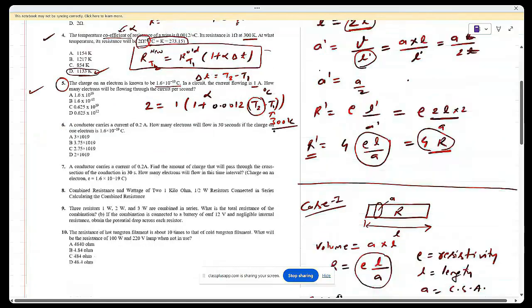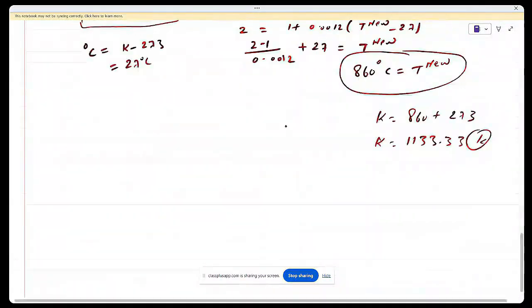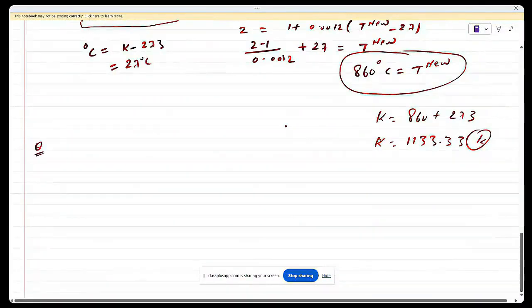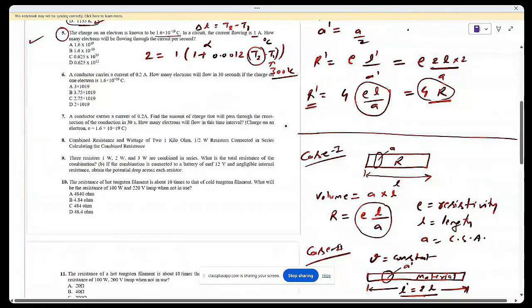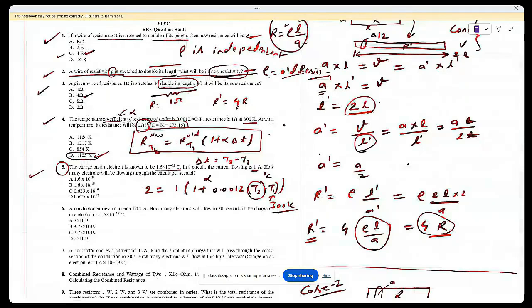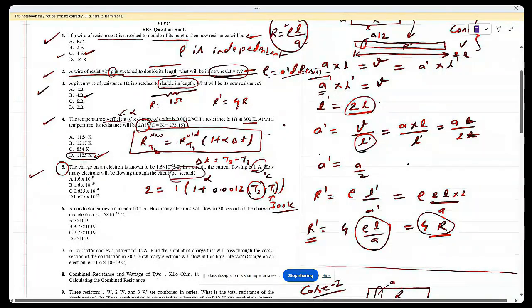Now let us write this question again. Question number 5 is saying the value of charge is equal to 1.6 into 10 to the power minus 19 coulomb, and 1 ampere current is flowing for 1 second, and we need to calculate how many electrons. This is very important.